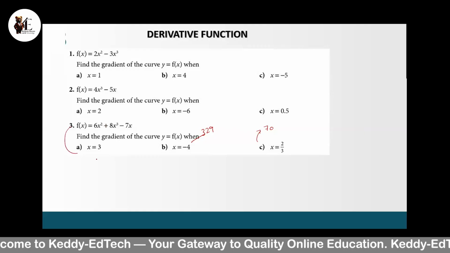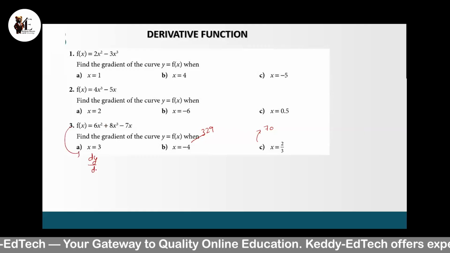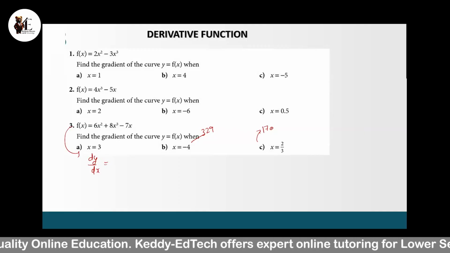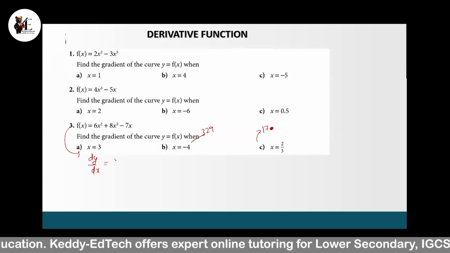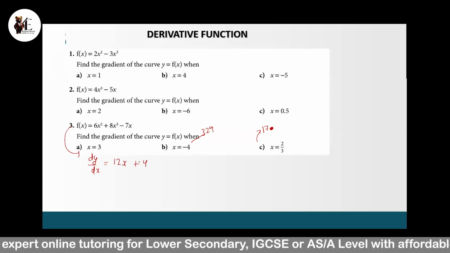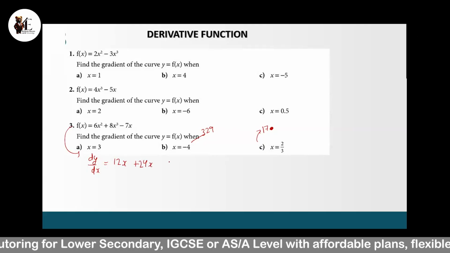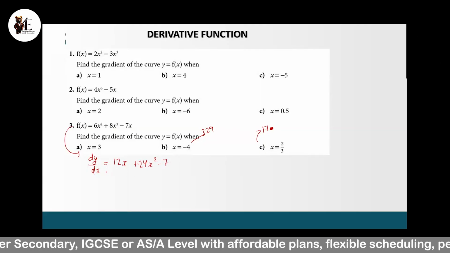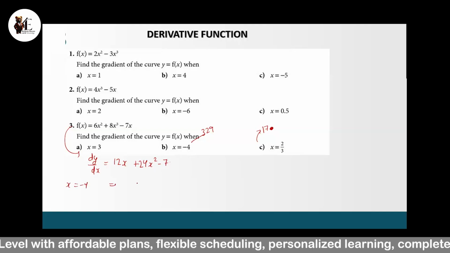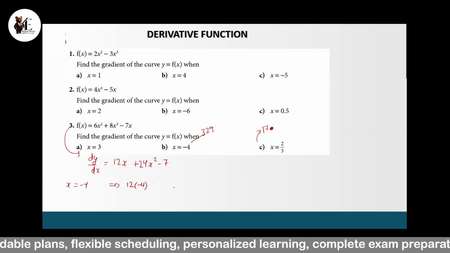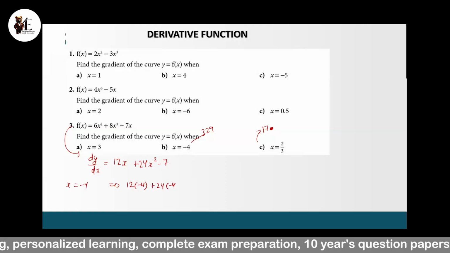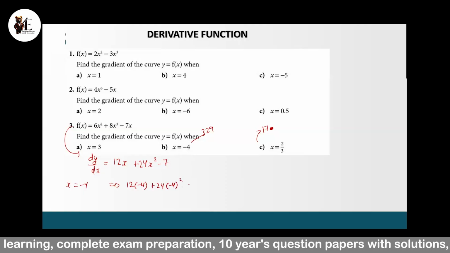Okay, so let's check. First, you have to do the differentiation. So the differentiation will be 12x plus 24x squared minus 7. So when x is equal to -4, it will be 12 into -4 plus 24 into 16, minus 7.